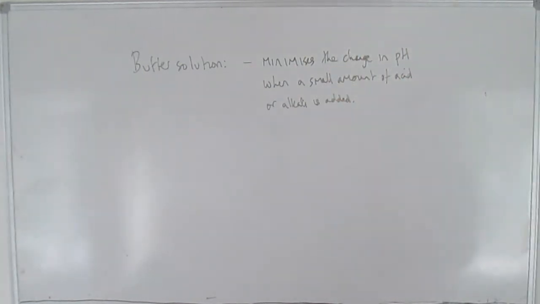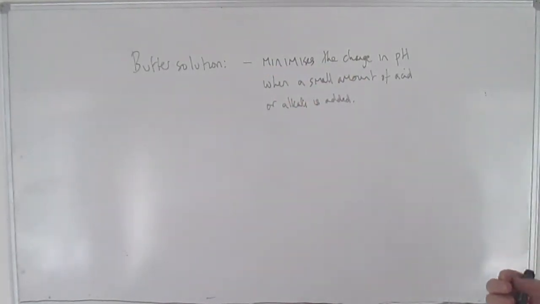So you've got to be careful about that definition. When you're just chatting with your friends about buffer solutions, you tend to say things like, oh, well, it keeps the pH constant. But it can't ever completely do that, and that word minimises is important.